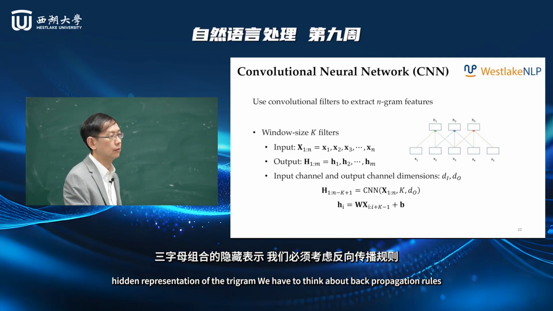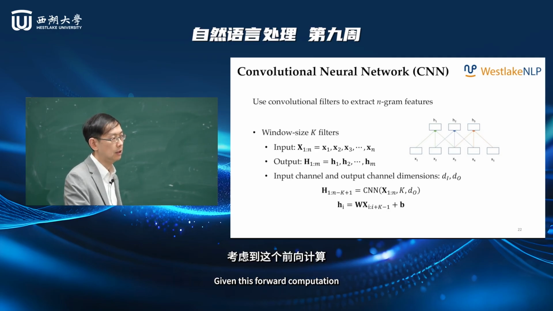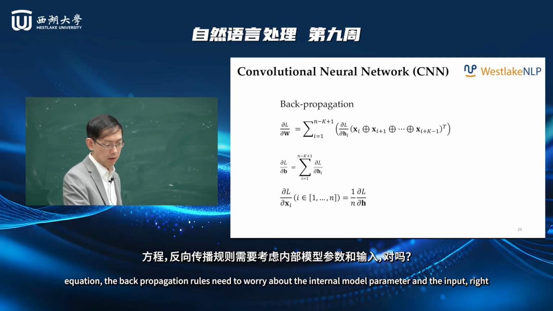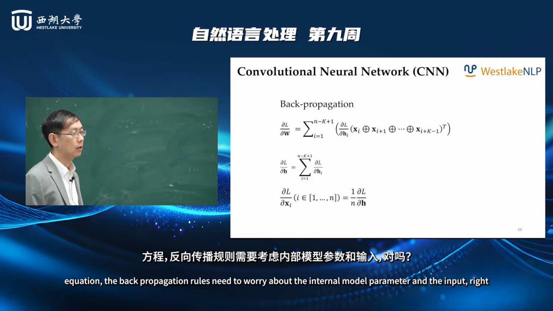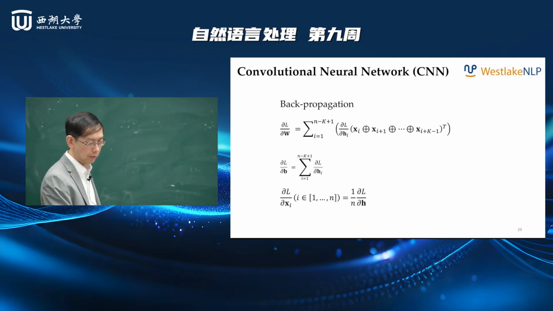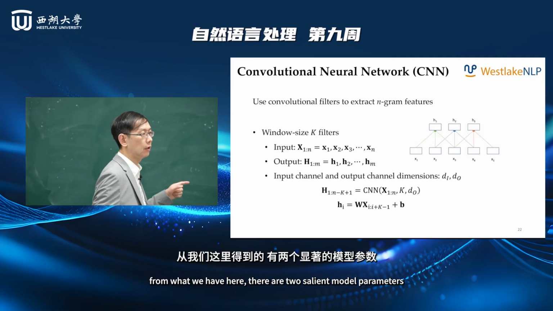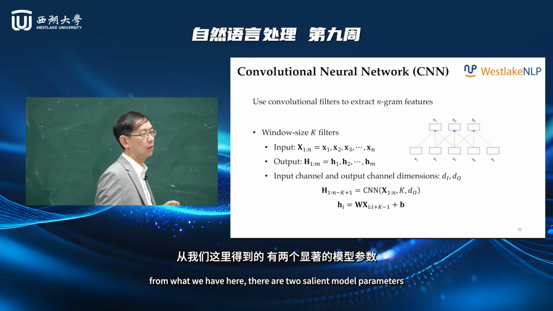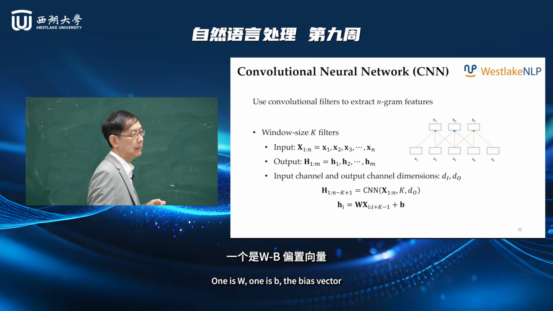We have to think about backpropagation rules given this forward computation equation. The backpropagation rules need to worry about the internal model parameters and the input. So from what we have here, there are two salient model parameters. One is W, one is b, the bias vector.